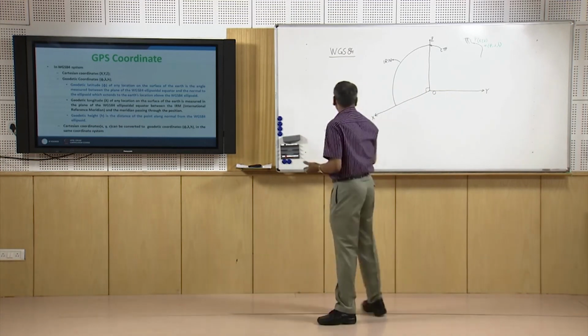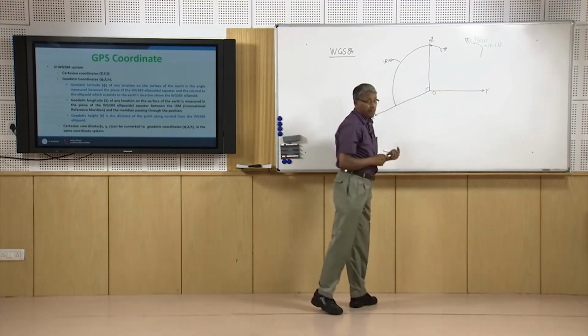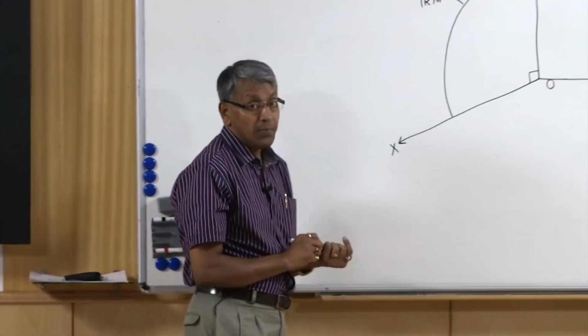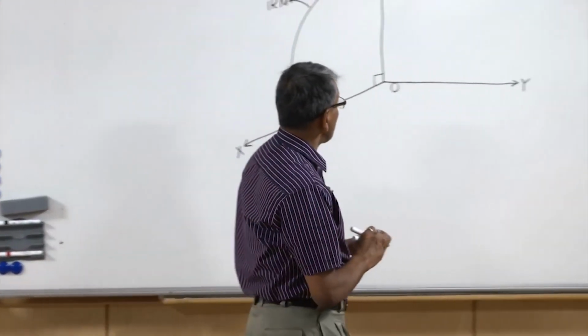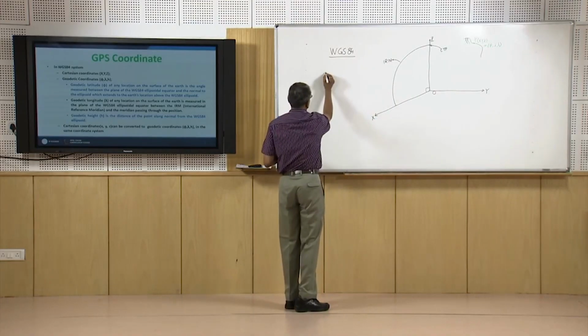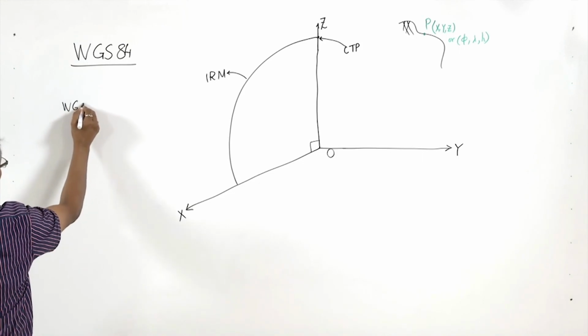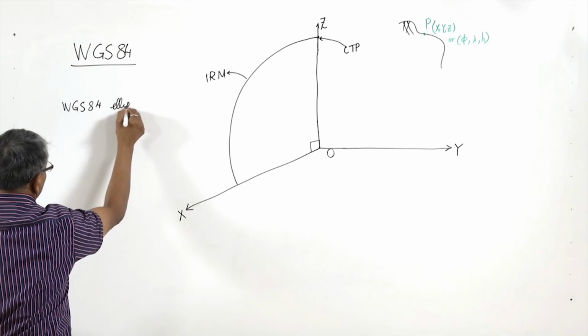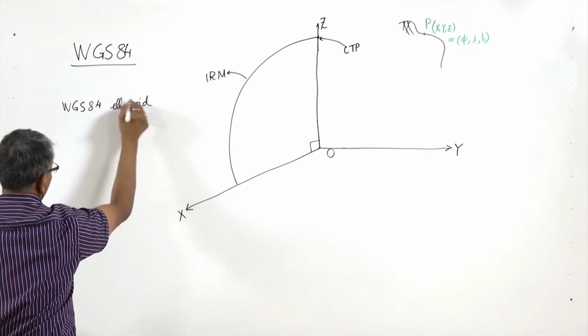Now apart from these three axes and origin, another thing is important, which is the vertical datum surface, and for this system it is the WGS 84 ellipsoid.